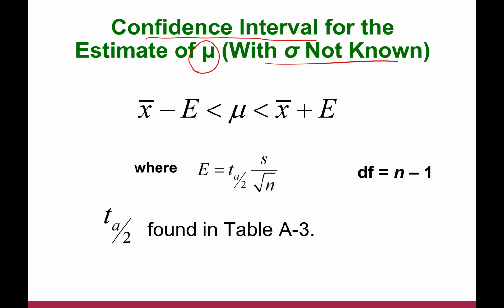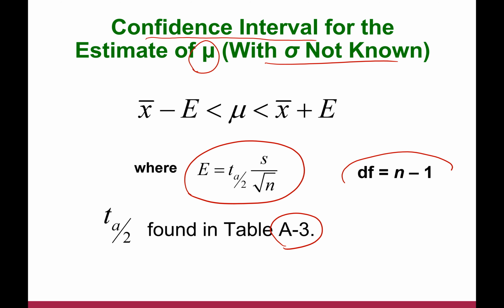First of all, find the margin of error using the formula: critical t score times the sample standard deviation over the square root of sample size. You find the critical t score in table A3. I'm going to show you where table A3 is. Degrees of freedom equal n minus 1.